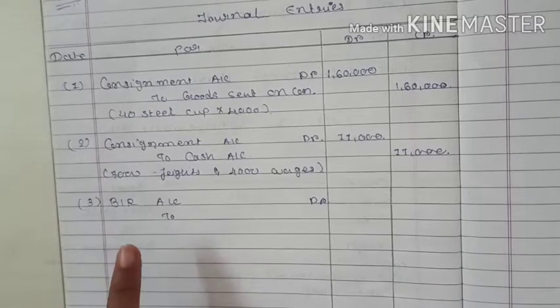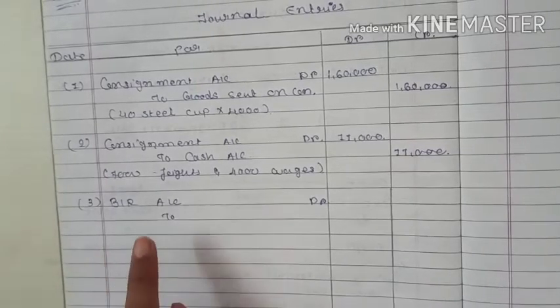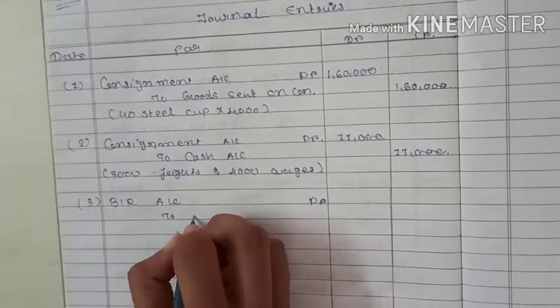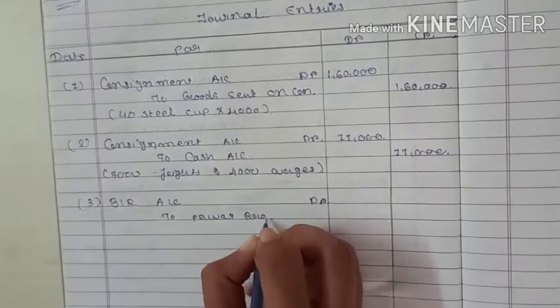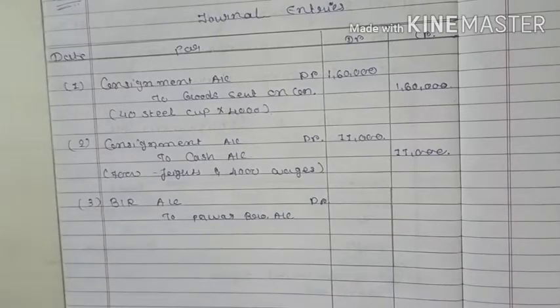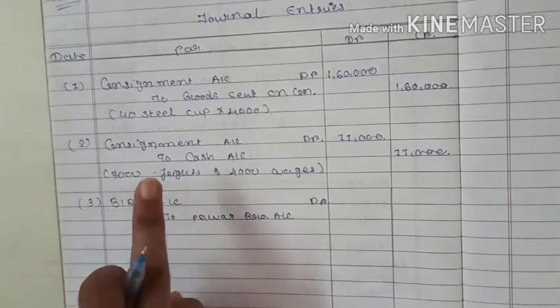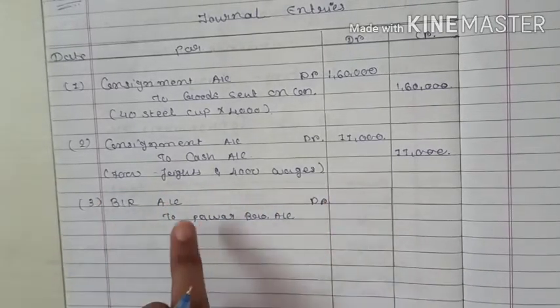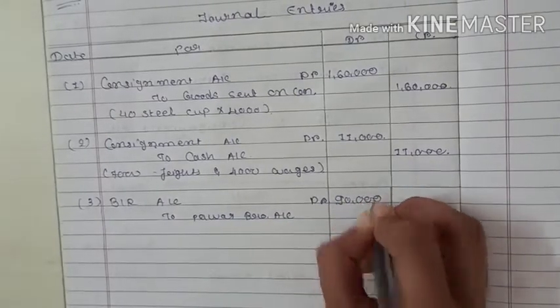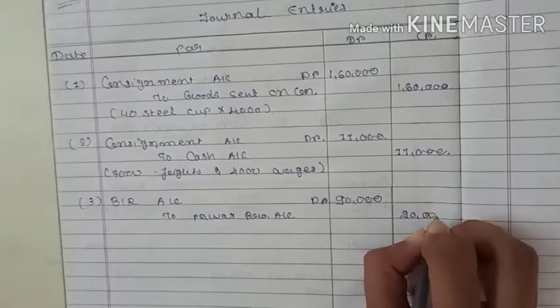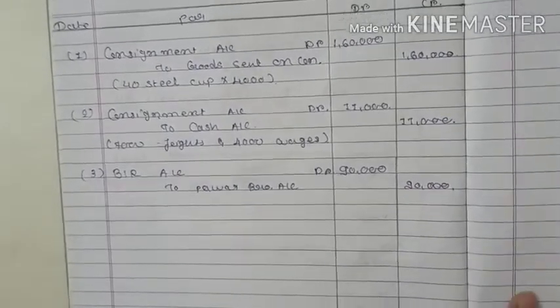Who is sending? Consignee is sending. Here, what is the name of the consignee? Pawar Brothers. So, bills receivable account debit to Pawar Brothers account credit rupees 90,000. Done?